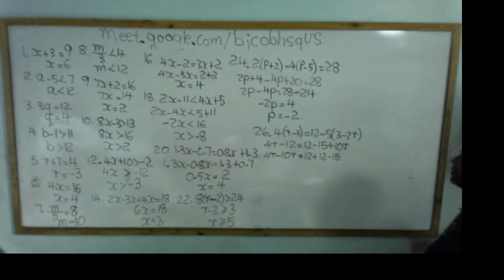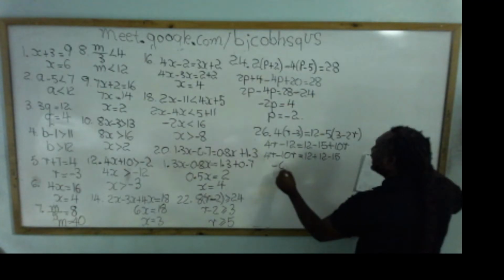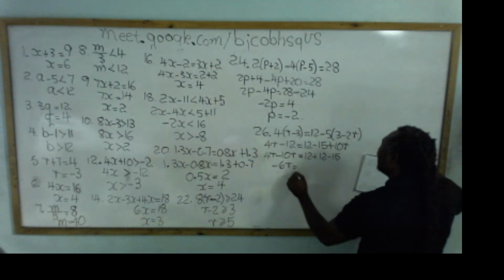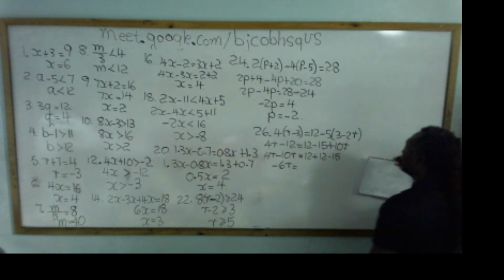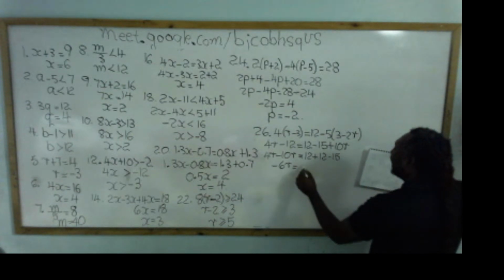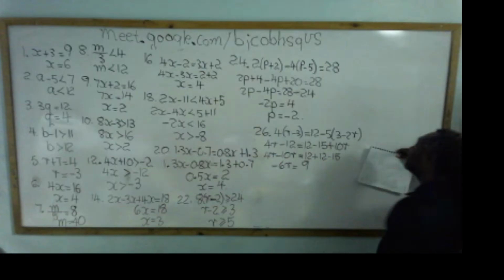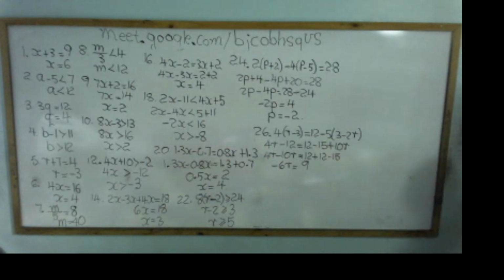No problem. Negative 6R is equal to, I think, 9. 24 minus 15, that's 9.